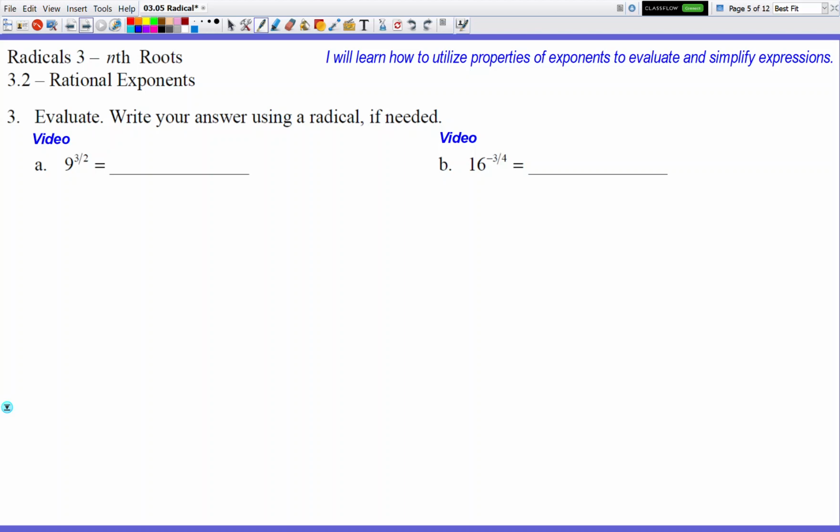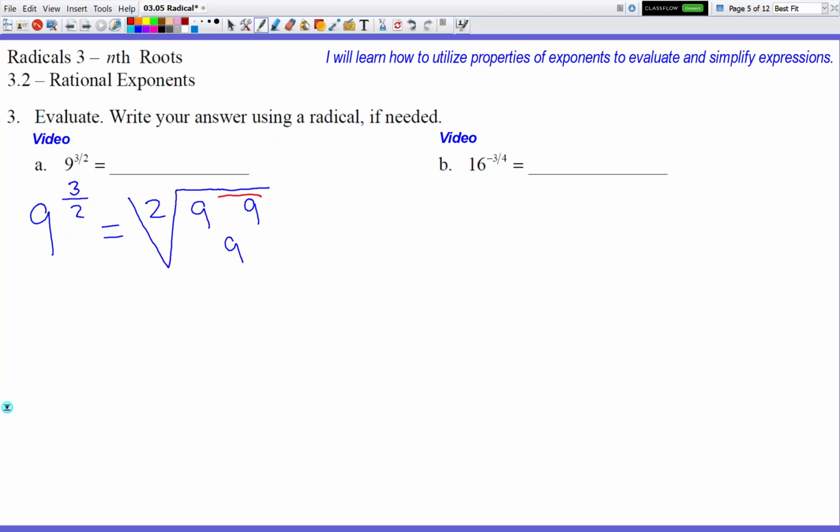Okay, so my problem says 9 to the 3 over 2 power. And that means that I have 3 9s, right? I have 3 9s stuck inside of a square root. So I got 3 9s, 1, 2, 3. And all of that is stuck inside a square root. Okay, so I guess I could circle something now already because I see 2 things that match.